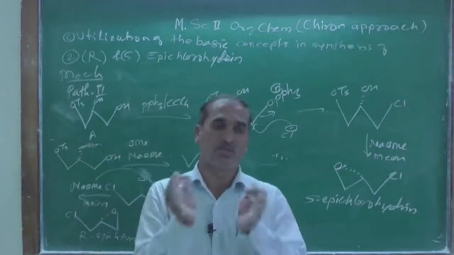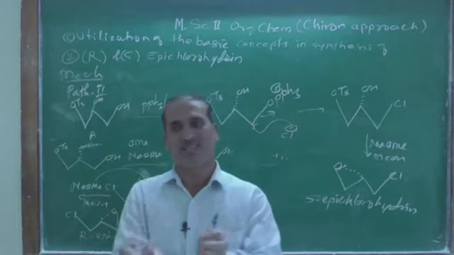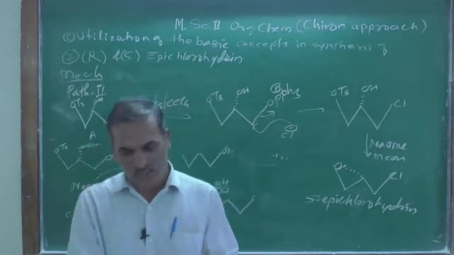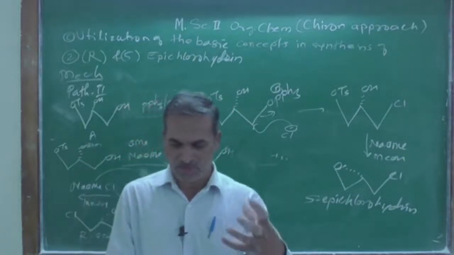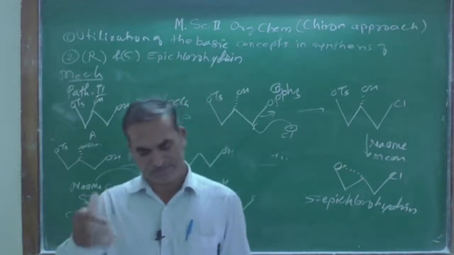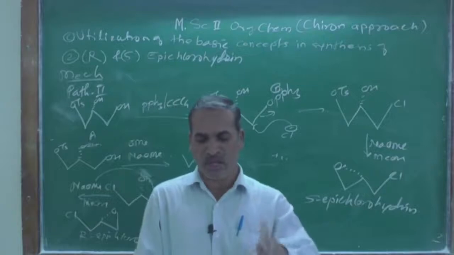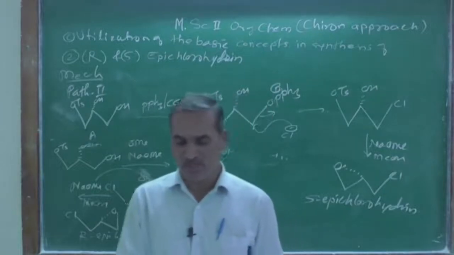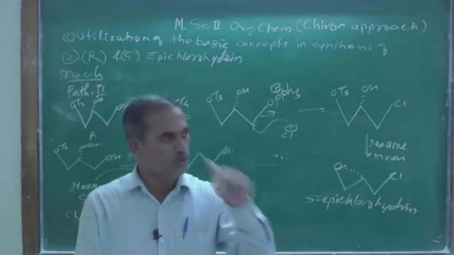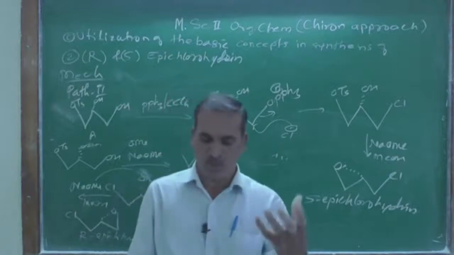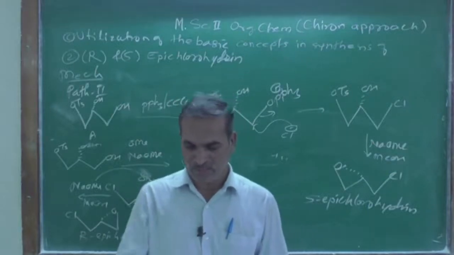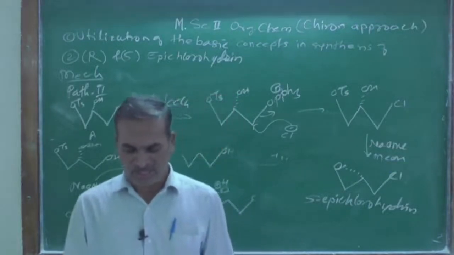Aqueous HCl is used in this particular synthesis for the deprotection of that 1,2-diol. And next one we have used triphenylphosphine in presence of CCl4. It is used to introduce the chlorine group in that particular synthesis.